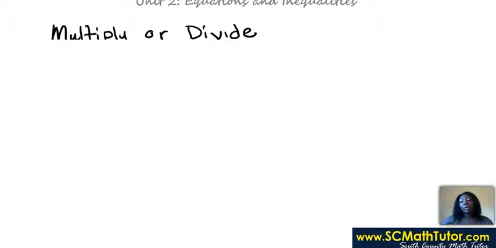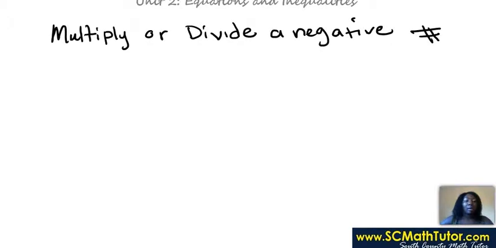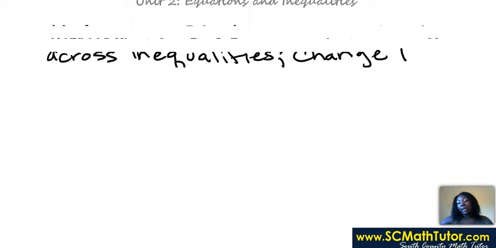When you multiply or divide by a negative number across inequalities, you want to change the inequality sign.